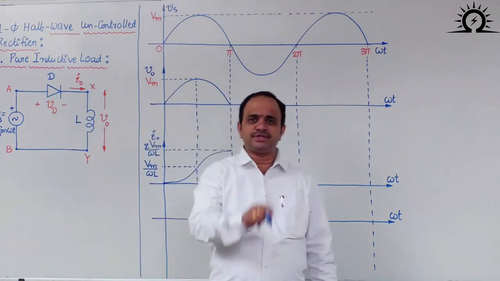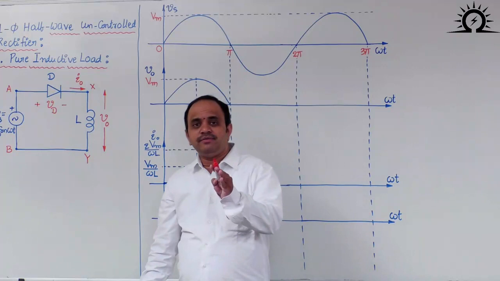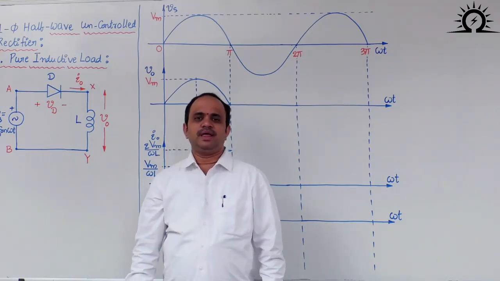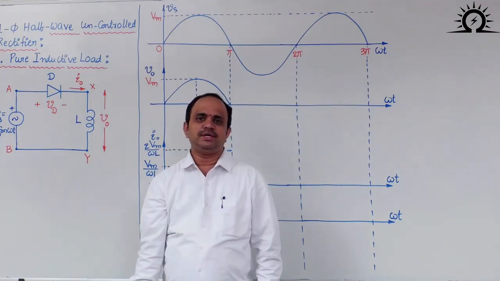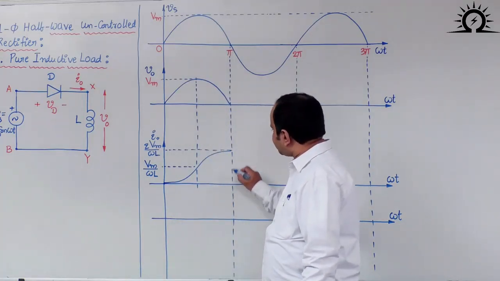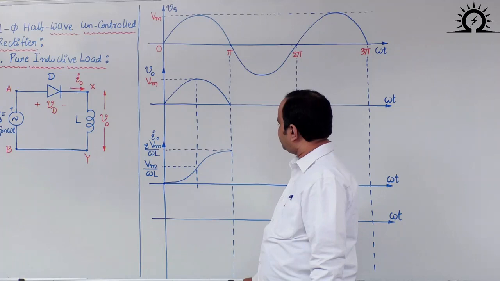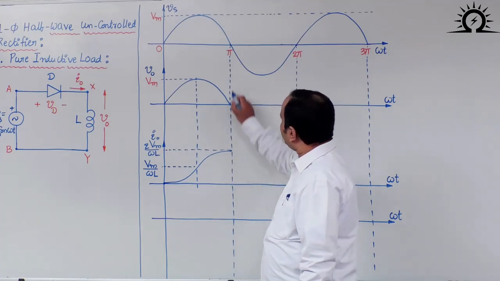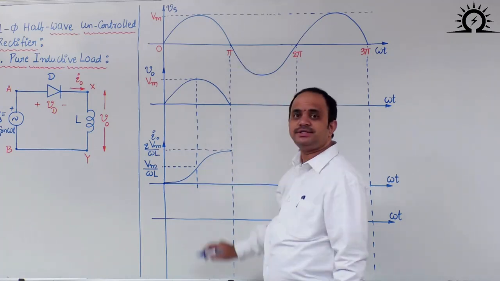Now, one important question here. In the previous circuit, resistive load, I naught was 0 at omega t is equal to pi. But at this instant, if you observe carefully, I naught value at omega t is equal to pi is not 0.